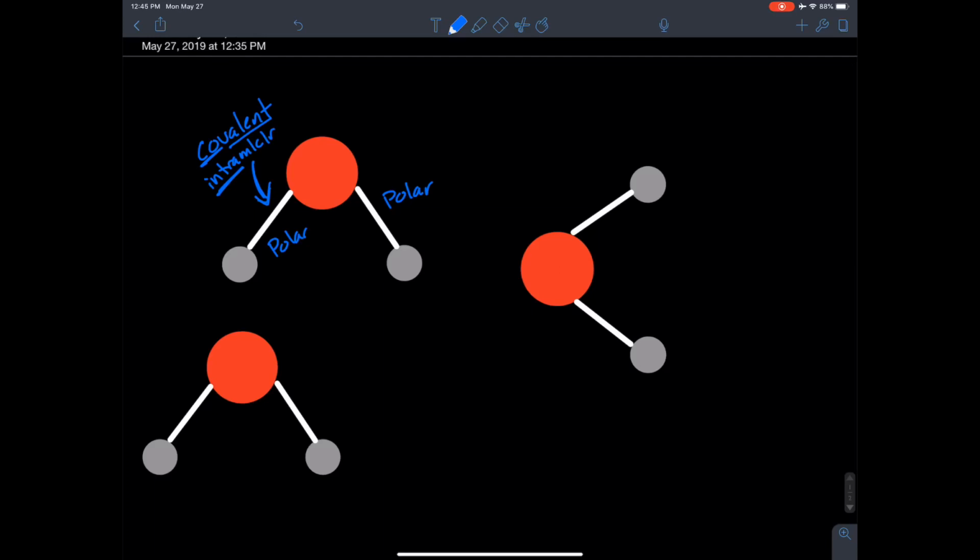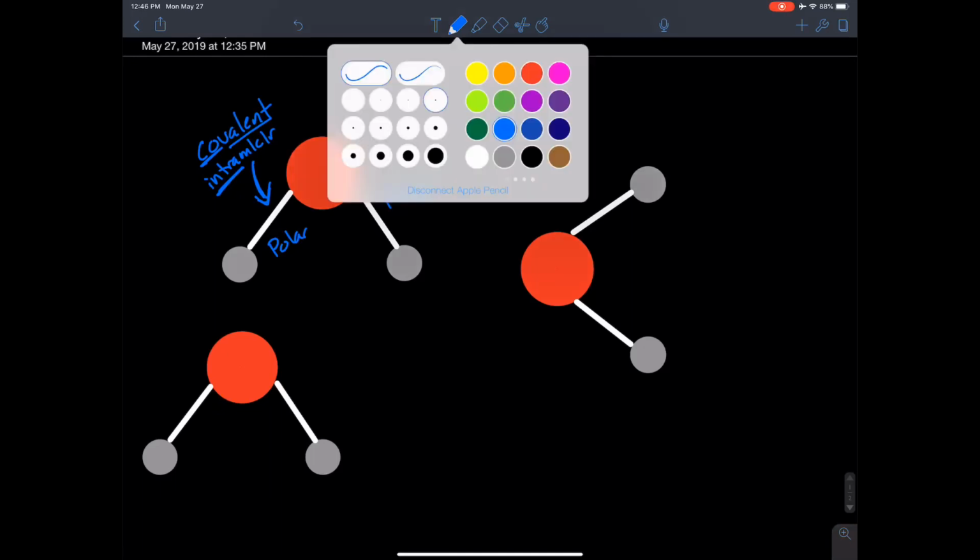Here, though, are these atoms of oxygen and hydrogen sharing the electrons equally? No. Which one has a stronger electronegativity? Oxygen does, because oxygen has a stronger nucleus. It has more protons in its nucleus, and it's going to pull electrons more toward itself.